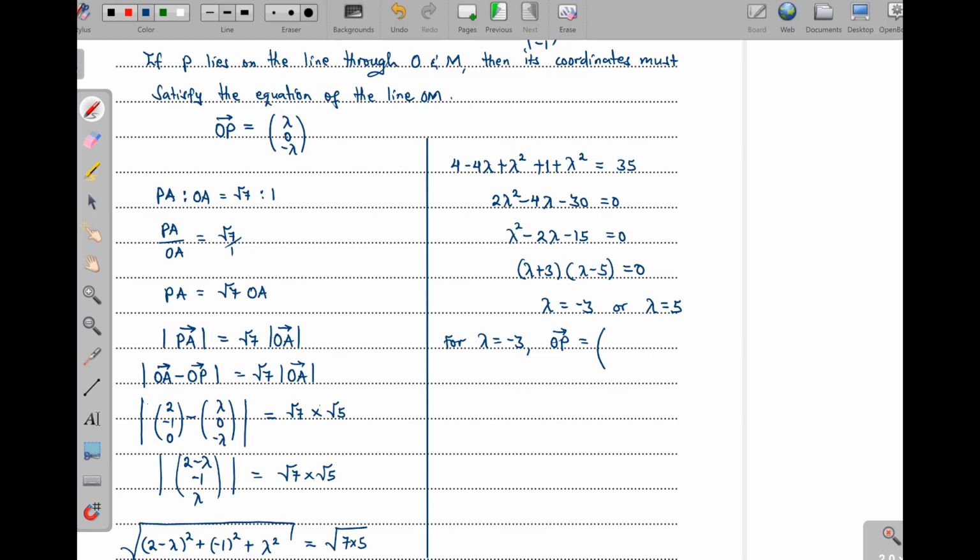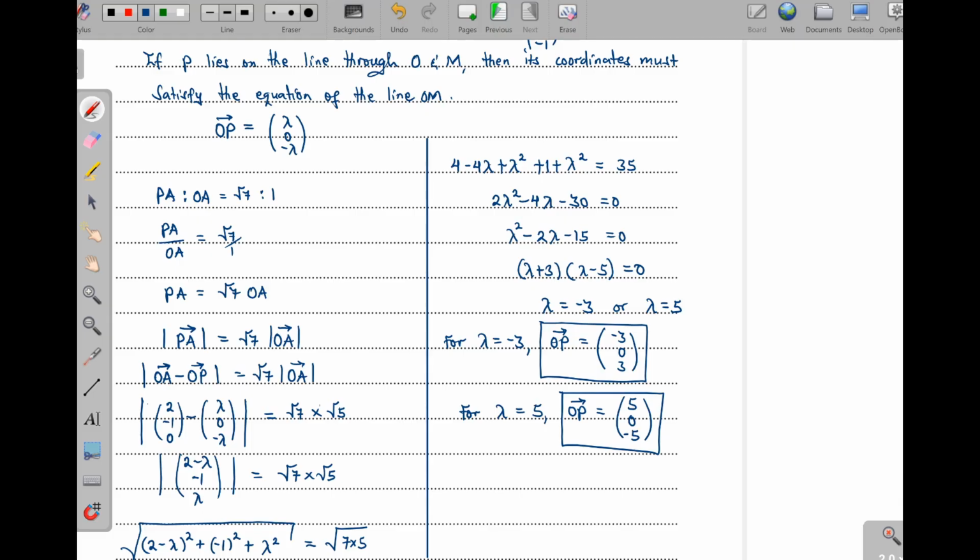So our OP, put -3 here. That is -3, 0, then 3. Not so? Then for lambda equal to 5, what is OP? OP can be 5, then 0, and then -5. So these are the two answers that we are getting here.